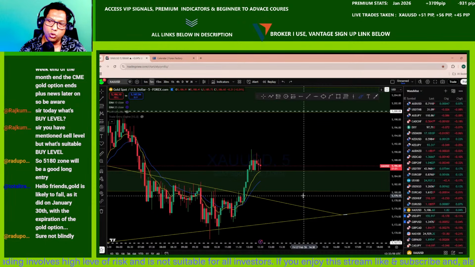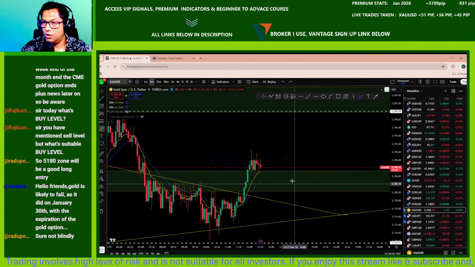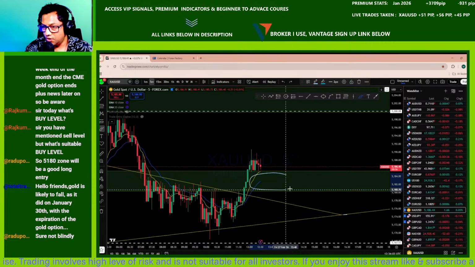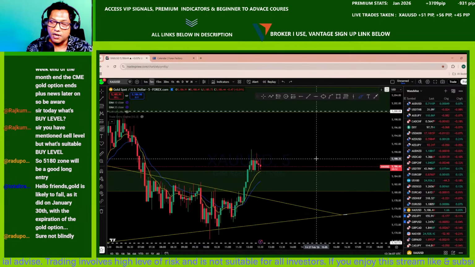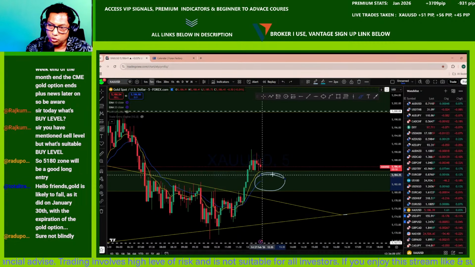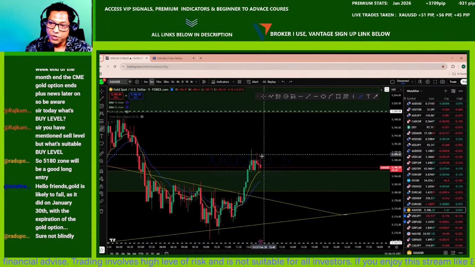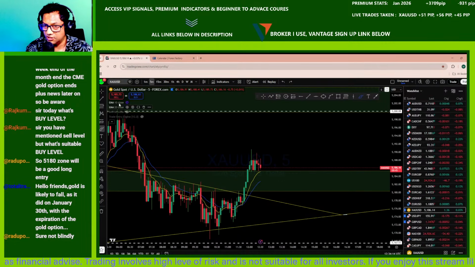And with this zone, looking at that area, this is a high area of value. This is a liquidity zone. As the market moves from liquidity to liquidity, we could see the price retest and then reverse again back up in that area.